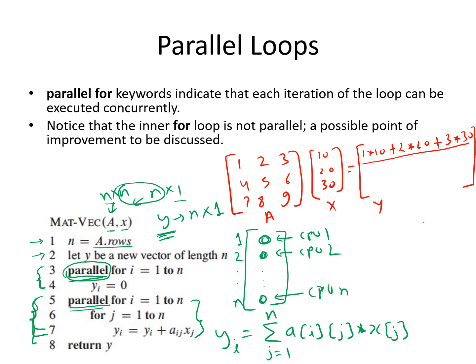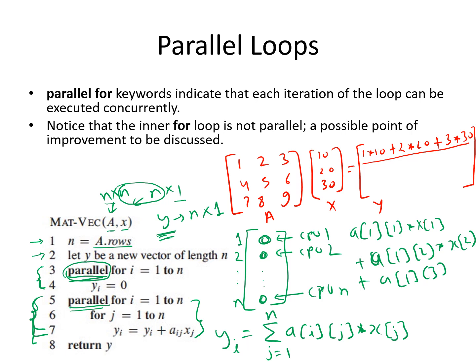So it's basically a of 1 1 multiplied by x of 1, plus a of 1 2 multiplied by x2, plus a of 1 3 multiplied by x3.